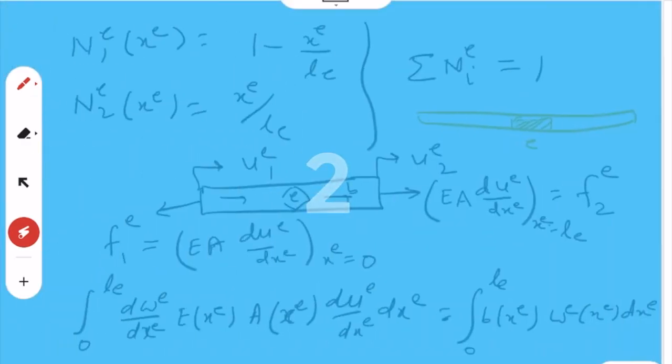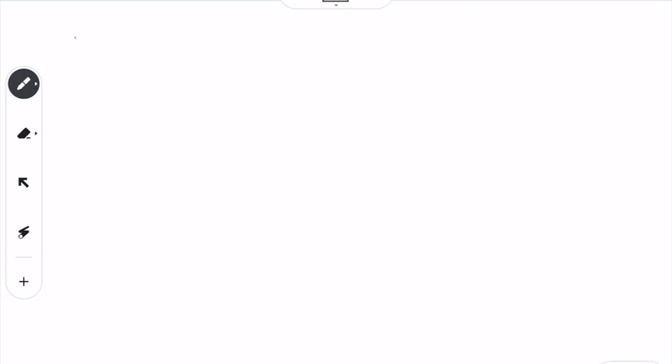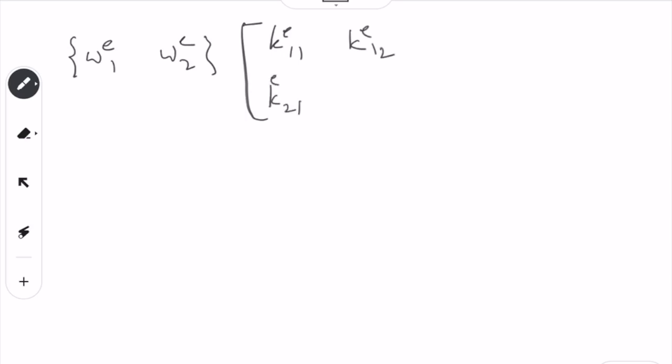So if that is the case, then this equation, if you put these values, this whole equation becomes, you can actually work out yourself, and you will find this will be W E 1 W E 2, and then you will have K E 11 K E 12 K E 21 K E 22, right?